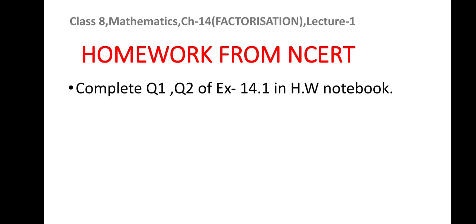First one is factorizing by taking out common factors. You need to write or express the terms into factors and then take out the common factors. And then second method, we have learned factorizing by grouping of terms. We need to arrange the terms of the given polynomial such that each group has a common factor. We need to factorize each group and then take out the factor which is common to each group.